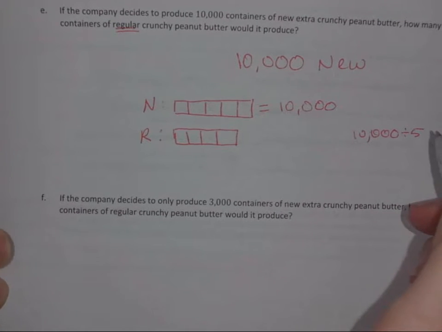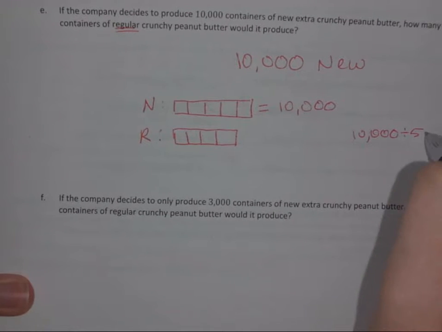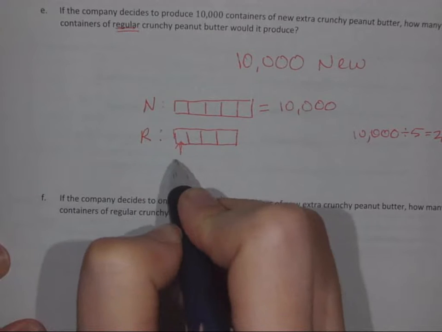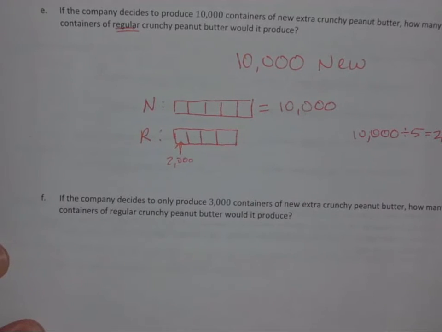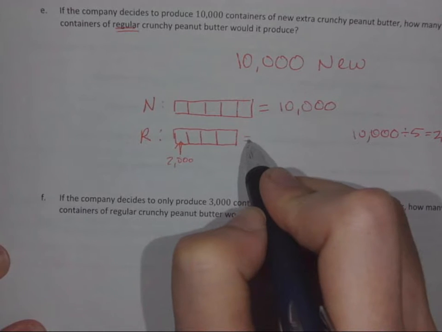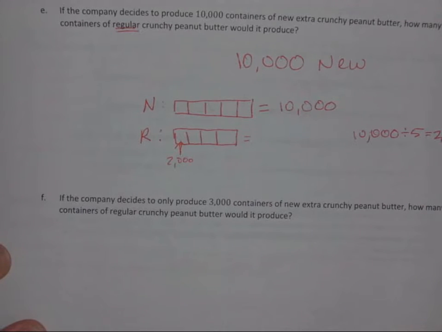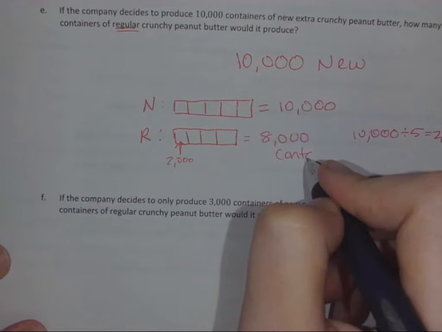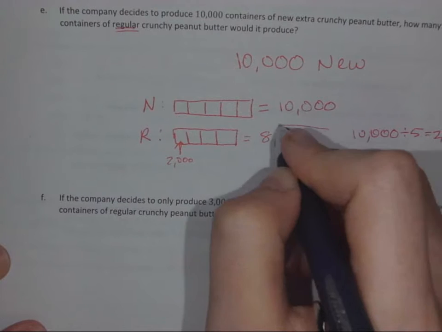And you get what? 2,000. So each unit is worth how much? 2,000. Good. 1 unit is 2,000 containers. So, how many containers of regular would the company produce, Devin? 8,000.